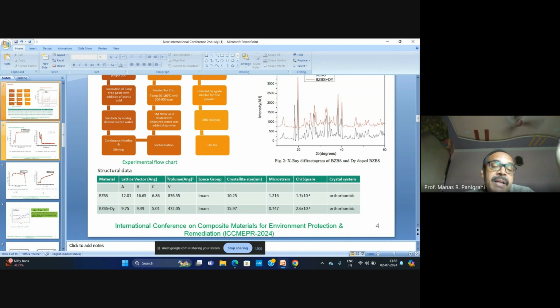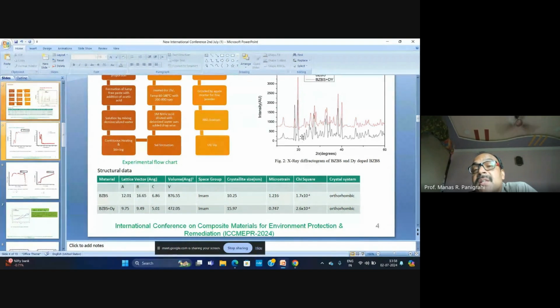Here it is seen that when you dope the material with Dy, the volume decreases, and automatically these a, b, c parameters also decrease, and they belong to the same group, but the crystallite size is increasing. Microstrain is very small. Now this is the structure, and it shows that they almost lie in a single phase, and there are also evidences of trace phases.